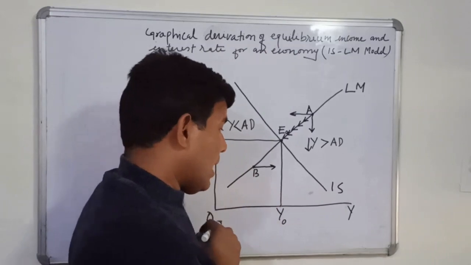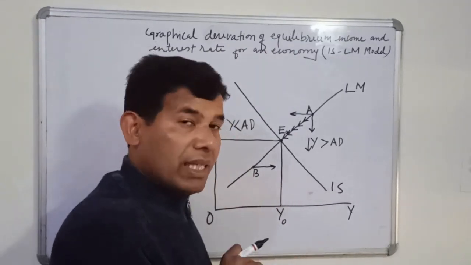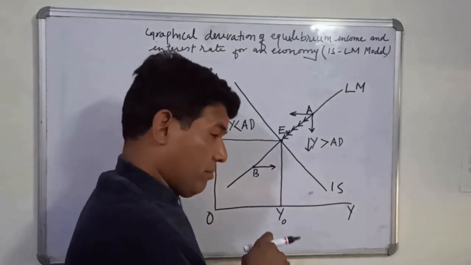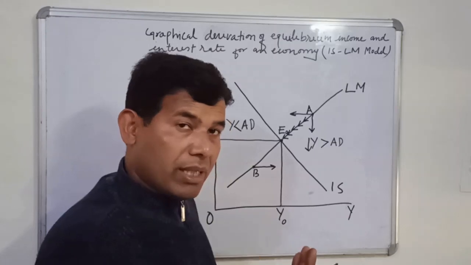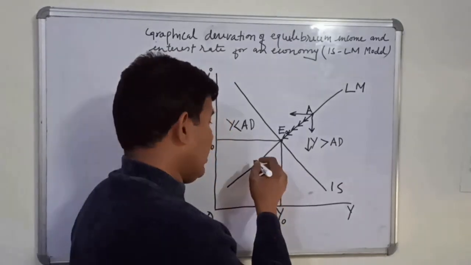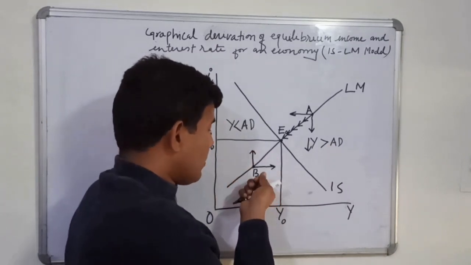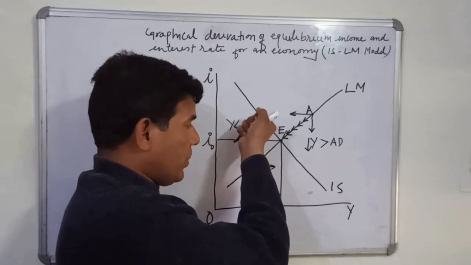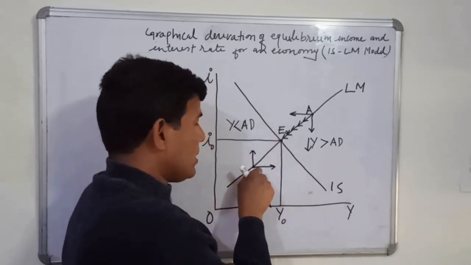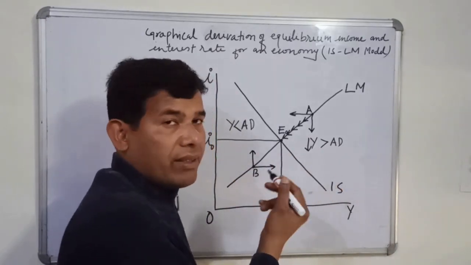Now if output rises or income rises, what will happen in the money market, right? In the money market, money demand would rise, and when money demand rises, then what happens to the rate of interest given the money supply? Rate of interest rises. So you have one force which is pulling this point B upward, right? And there is a force which is pulling this point B to the right hand side. So what would the economy be characterized by?